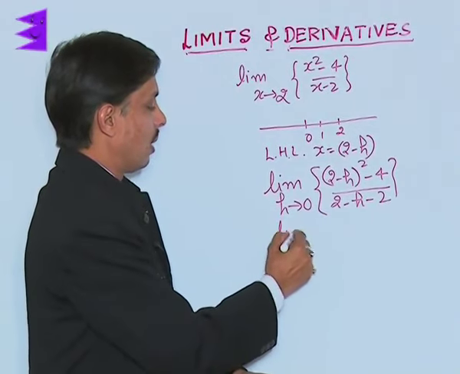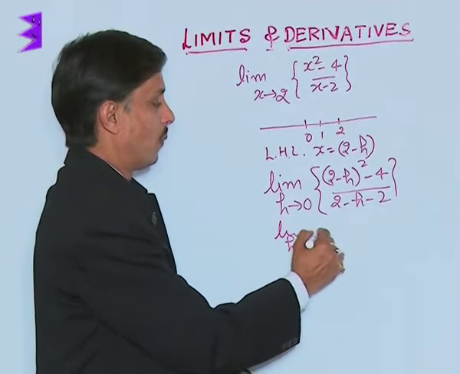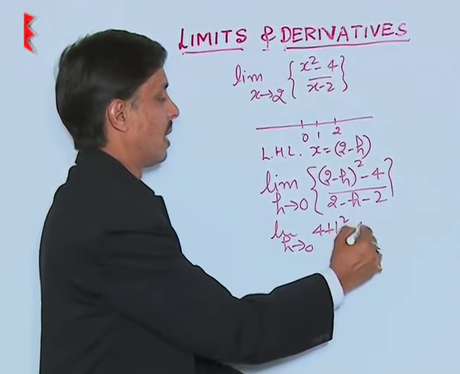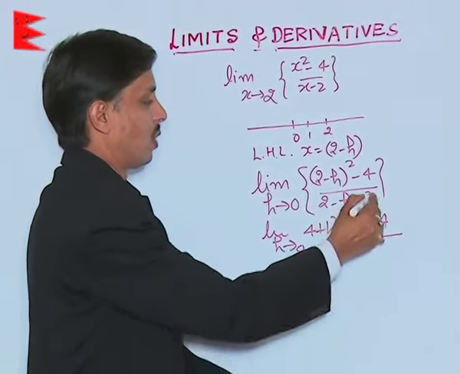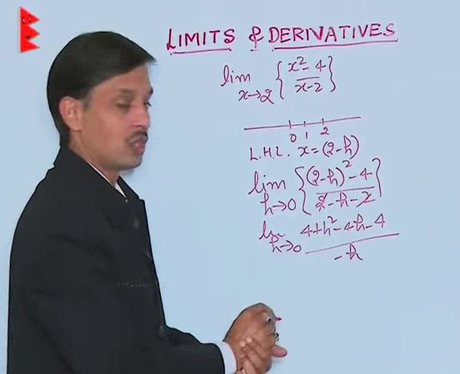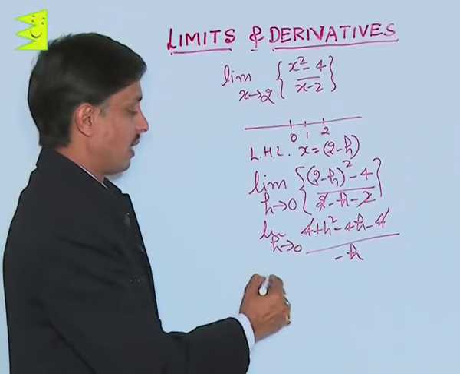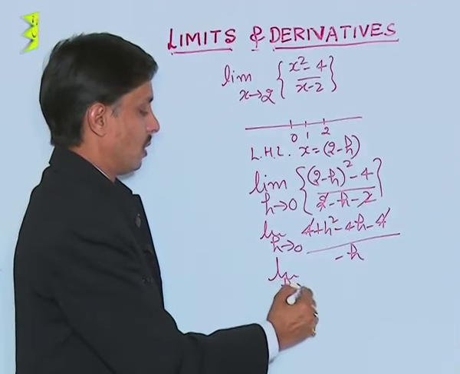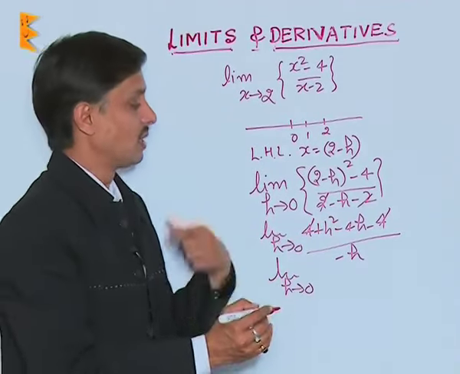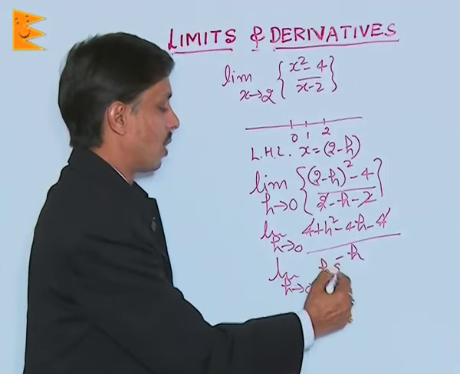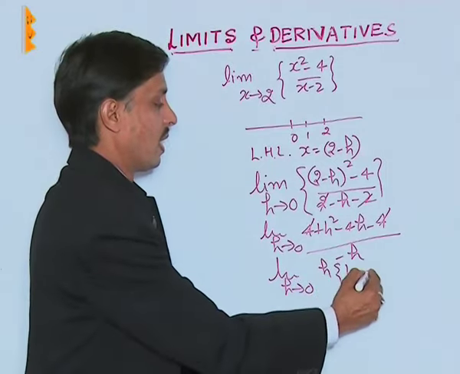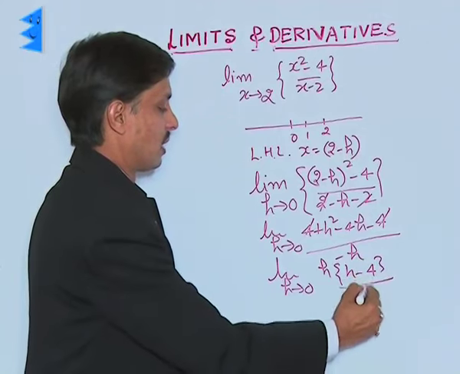So we will get limit h tending to 0, 4 plus h square minus 4h minus 4 upon minus h. Minus 4 gets cancelled, and the value of the function, that is the left hand limit, comes out like this: h taking common, h minus 4 upon minus h.